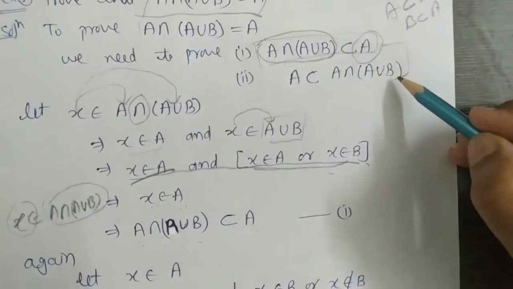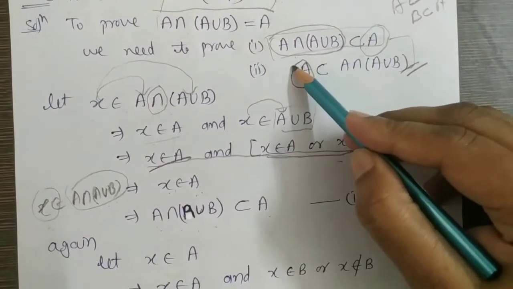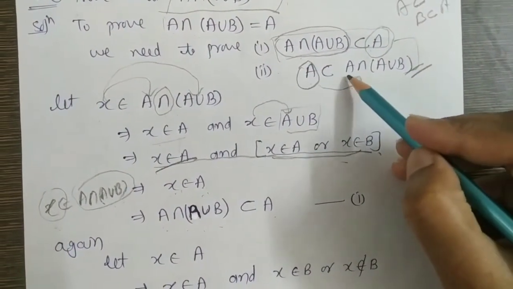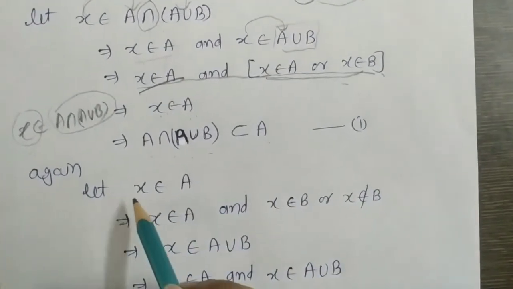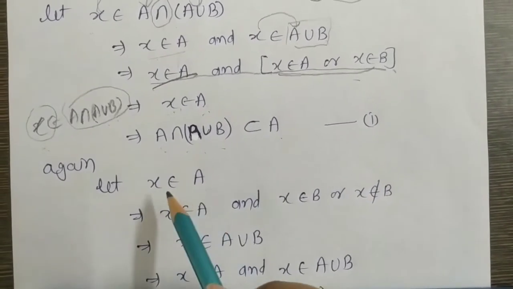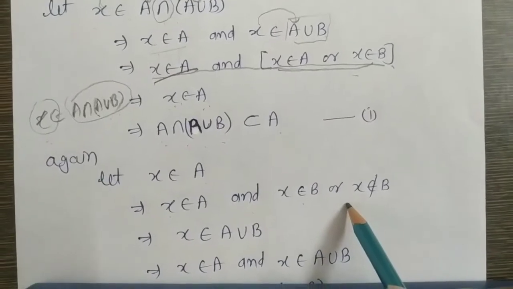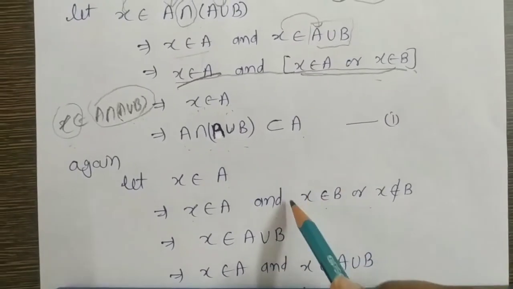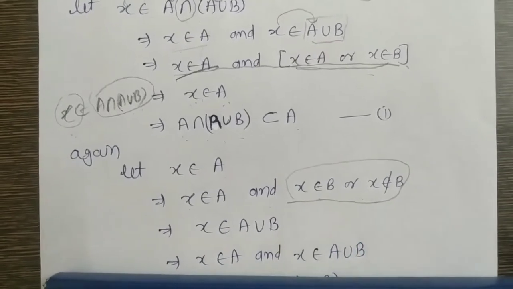Now, proving the second part, we will take any element of A and prove that it is also an element of A intersection (A union B). Let X belong to A. X belongs to A, it means X may belong to B or may not, because we are not clear about that.